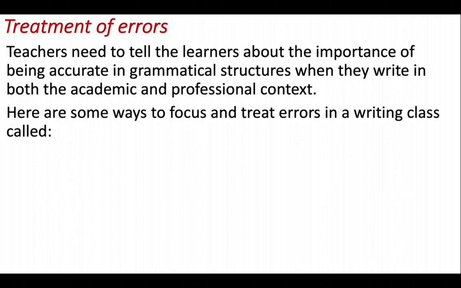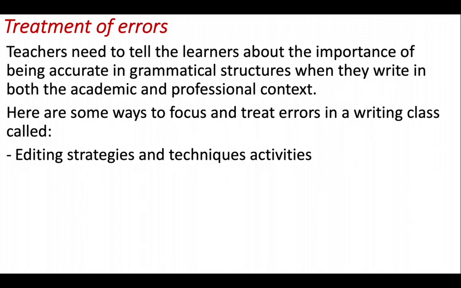Here are some ways in which we can focus on and treat errors that may happen in a writing class. The first one that we're going to look at is editing strategies and techniques activities. We have already mentioned earlier that in process writing, there's also this aspect of editing. We need to train our learners on how to edit. Do you understand?